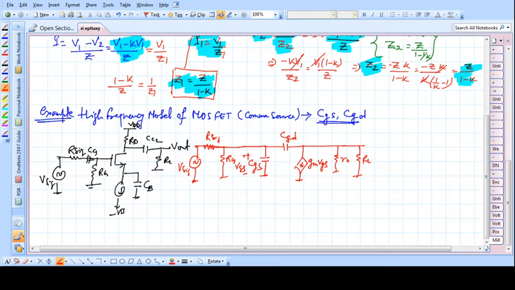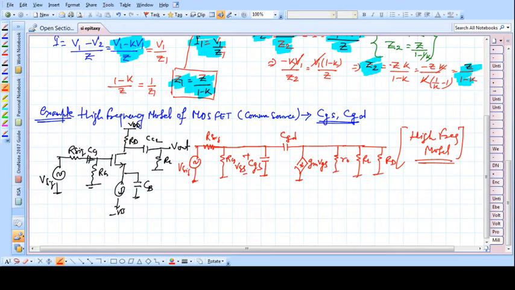And this RD will come. This one is the high frequency model, how we are drawing. I will make a video for the high frequency model also, but for the time being, you just think this one is the high frequency model for a common source amplifier.